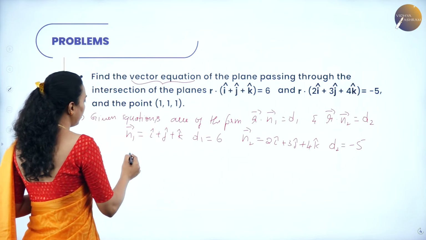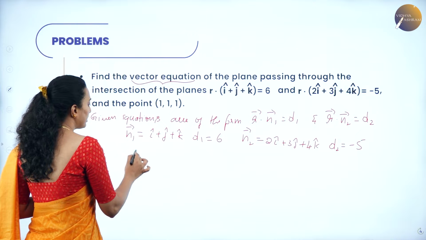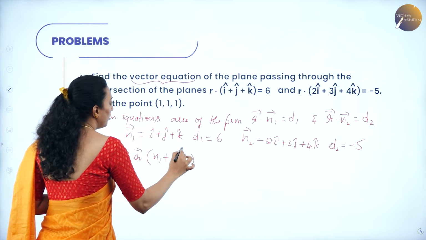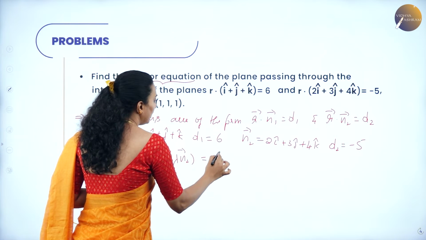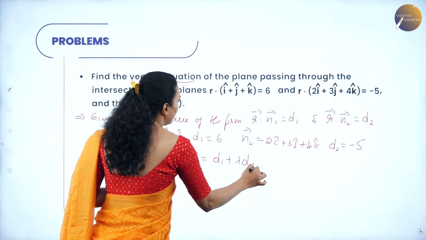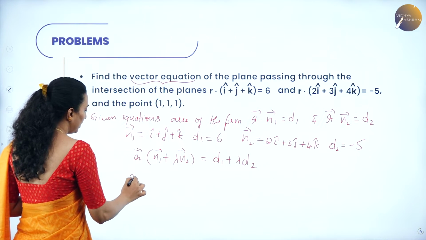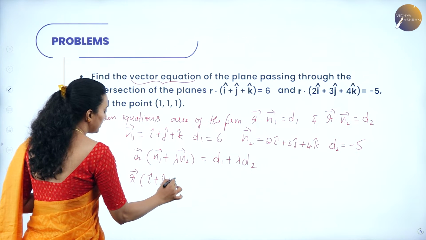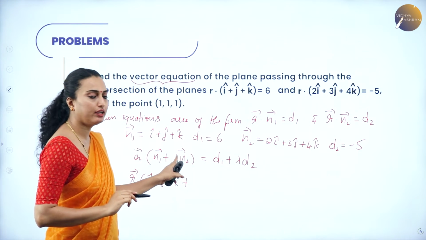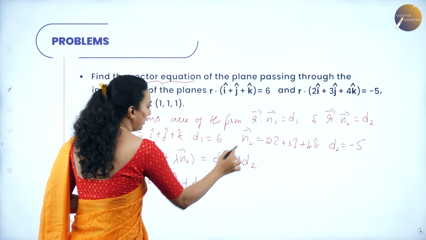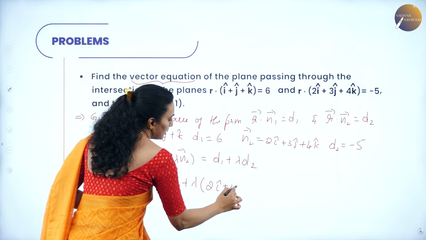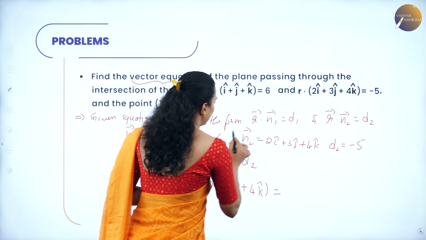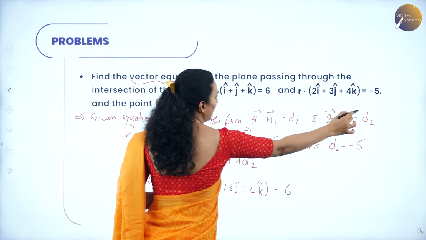So now you are going to take the equation of the vector form. What is the equation of the vector form? You know already: r vector into n1 plus lambda into n2 vector is equal to d1 plus lambda into d2. Let us substitute here: r vector as it is into n1 vector, which is i plus j plus k, plus lambda into n2 vector, 2i plus 3j plus 4k, is equal to d1, whose value is 6, plus lambda into d2, whose value is minus 5.